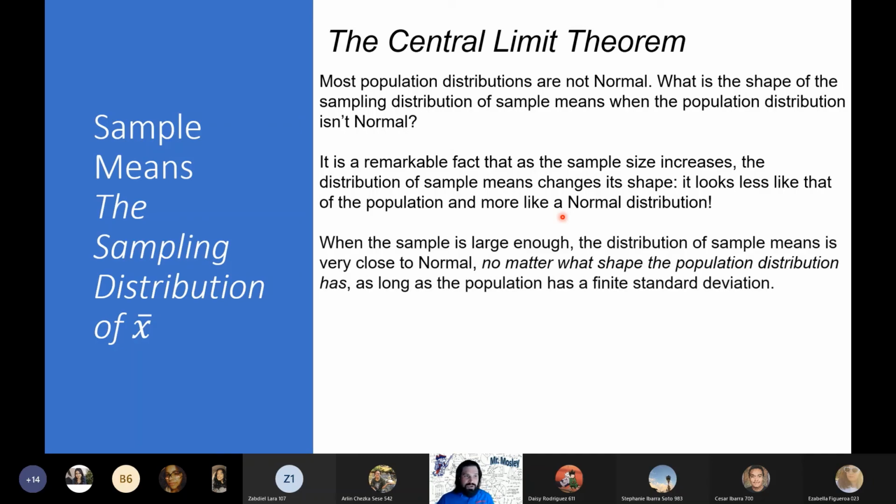When the sample is large enough, the distribution of sample means is very close to normal, no matter what the shape of the population distribution is, as long as the population has a finite standard deviation, meaning it has a standard deviation that has a value attached to it.